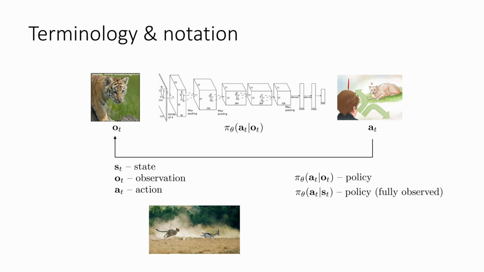But those image pixels are produced by some kind of underlying physical process. And that underlying physical process has a state. So maybe the state here is the position and velocity of the cheetah and the position and velocity of the gazelle. You can choose different levels of abstraction. Maybe it's the state of all the muscles in the cheetah's body or something, but there's some kind of underlying state that gives rise to these observations.